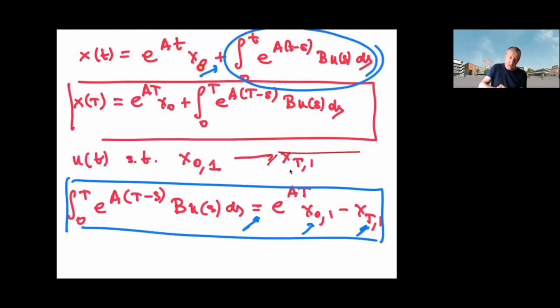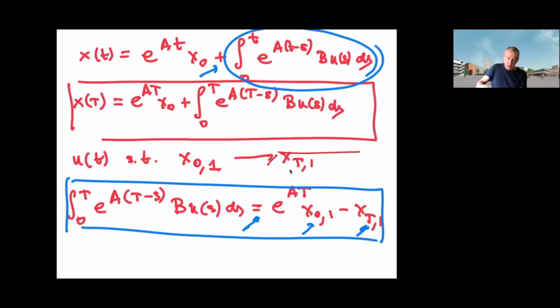Well, simply because of the variation of constants formula. In the linear case, the controlled trajectory is just the free trajectory plus the contribution of the control, which goes as an additive term. So if you look at the map from t equals 0 to t equals capital T, this is the solution at the final time.